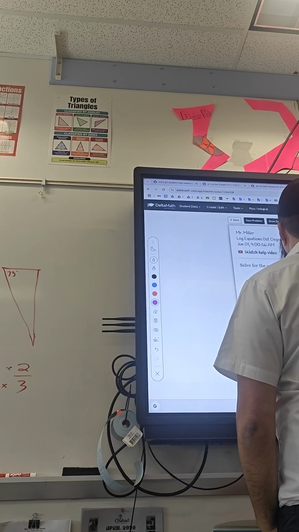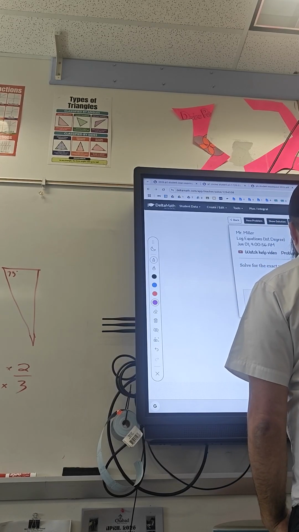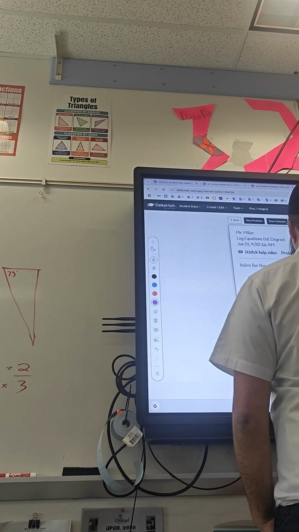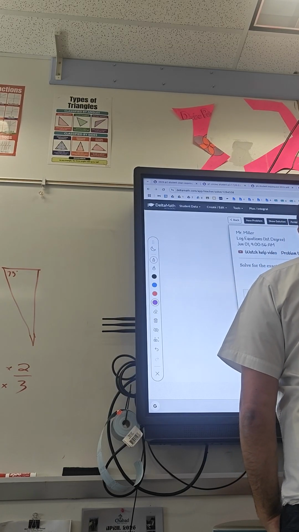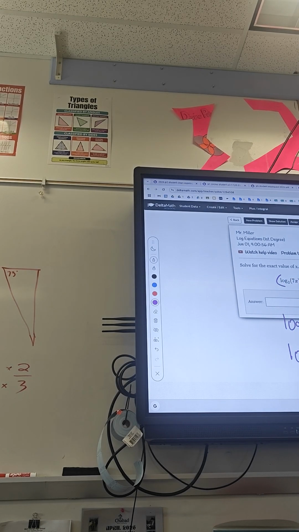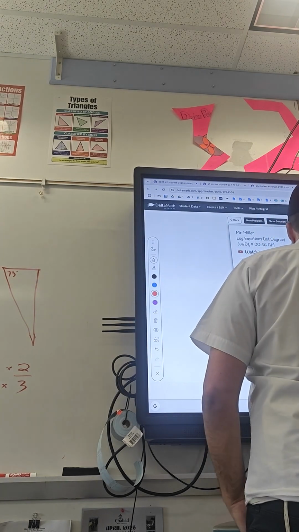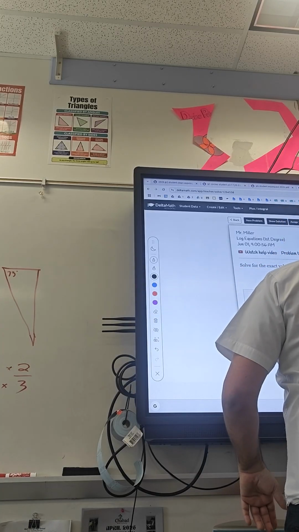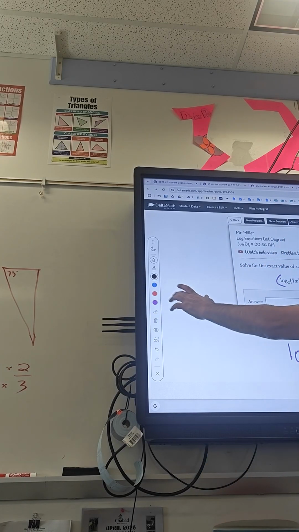So that's going to get me log base 2 of 7x times 2 equals 1. So log base 2 of 14x equals 1. What that means, same as the other one, this to the this equals this. So 2 to the 1 equals 14x. So 14x equals 2.